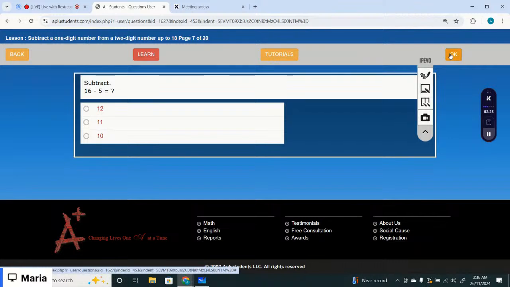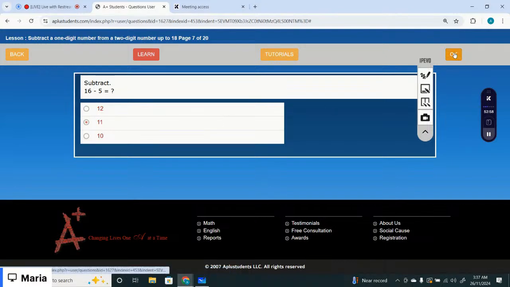16 take away 5, which is the correct option. 16 take away 5 is 11.